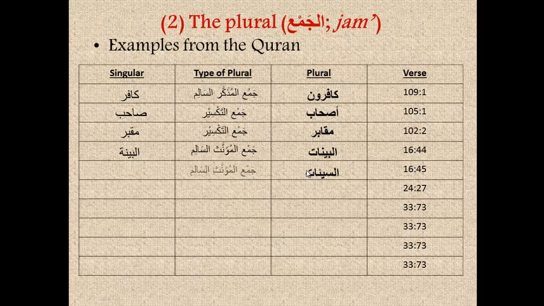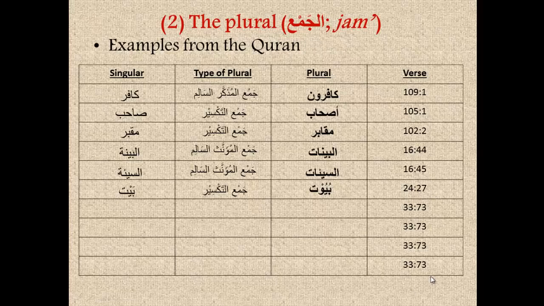Same deal here. It's a jam' al-mu'annath al-salim, and the singular is as-sayyi'ah. In surah number 24, verse 27, we have buyut. This is an example of a jam' taksir. The singular is bayt.